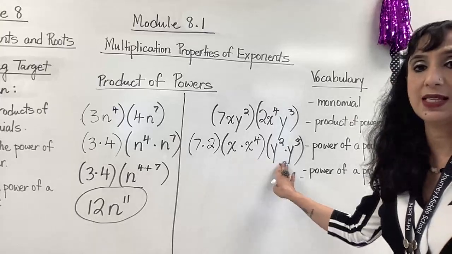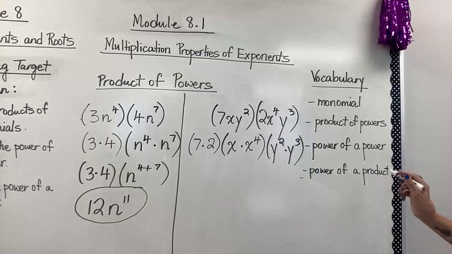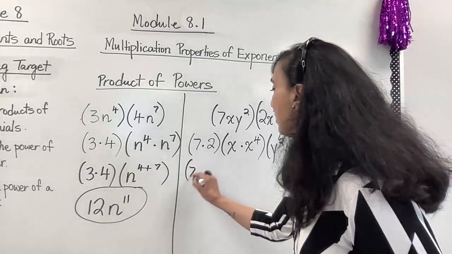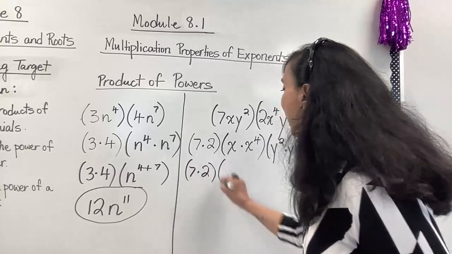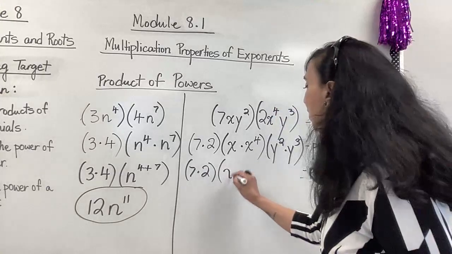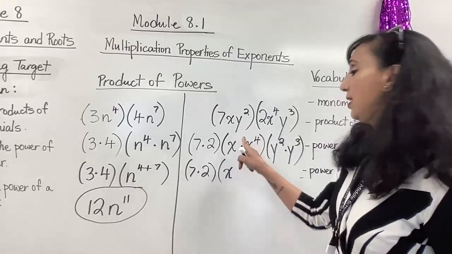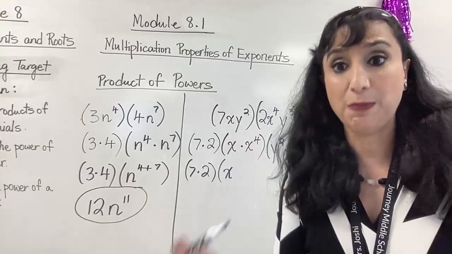Same bases, we are going to group together. Next thing, we are doing 7 times 2, and now I'm going to go ahead and use my product of powers. And I know that if x is written and there is nothing written over here as an exponent, that means it's to the 1st power.